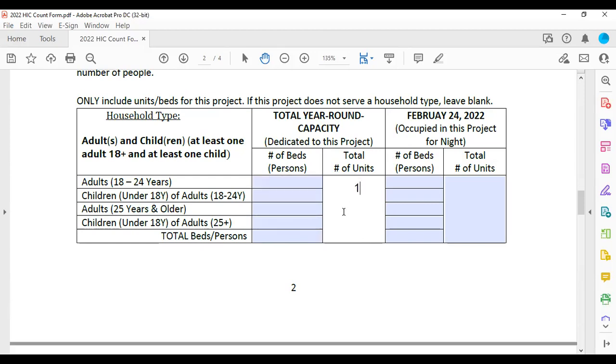Okay, yes. And now you might not know this, it might be something that you need to get with your supervisor about, because I know that it is available, but not designated for 18 to 24 or 25 years and older.